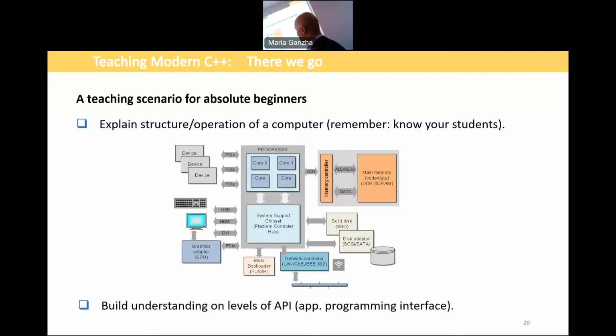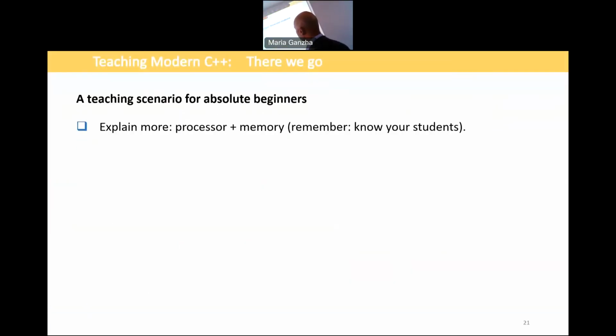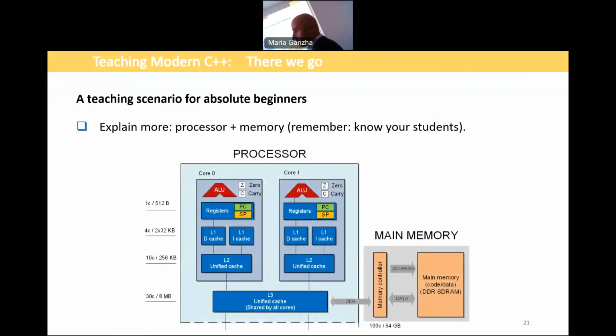Build understanding, API. Even go further into the processor. So usually we stop at this. But if we teach students of electronics, they have separate labs for this, certainly. But if they program, they can observe some operation of the cache.